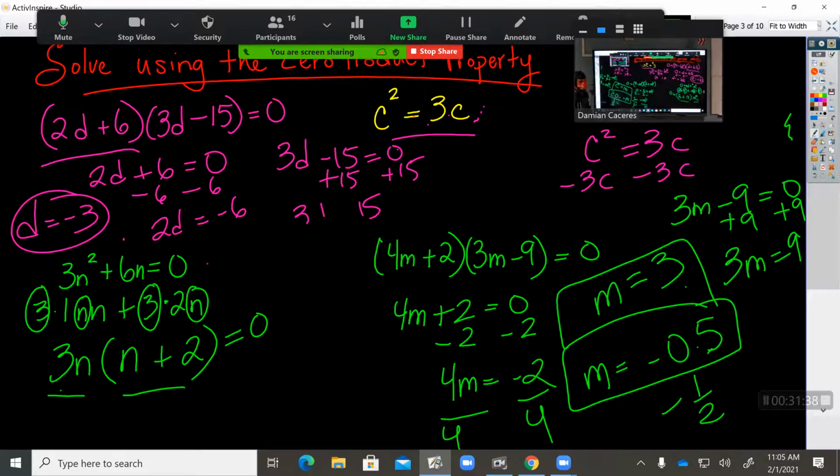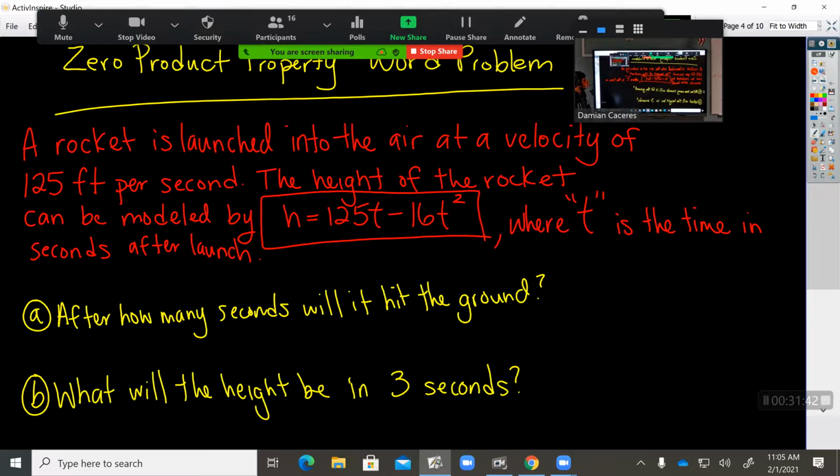Now, the only thing left to do is to review two word problems. So here's the first. Do you do the word problem? No. What you want to write down is rocket and this equation. That's it. Listen to me read this. A rocket is launched into the air at a velocity of 125 feet per second.